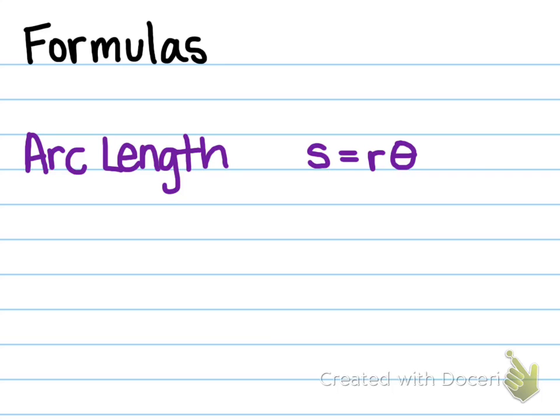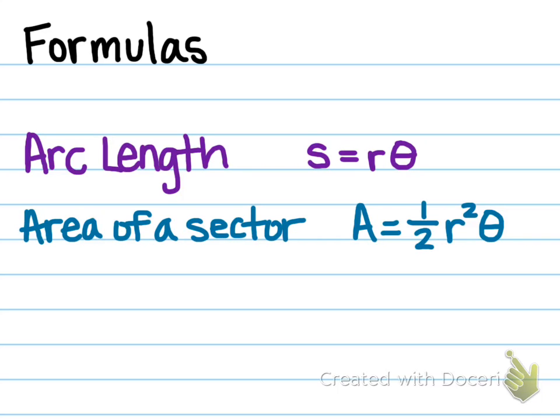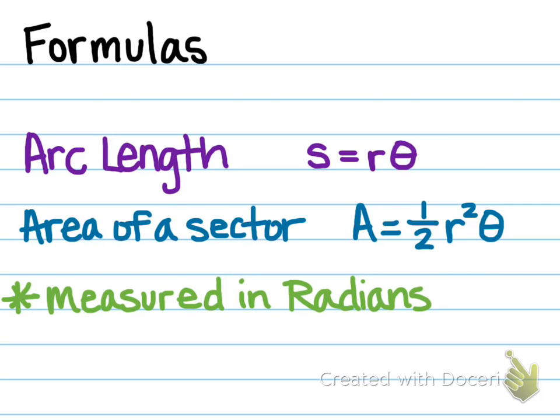Our angle measures for arc length are going to be measured in radians. Next is the area of a sector. A sector is like a slice of the pizza, the whole slice. So the area is equal to 1/2 the radius squared times the measure of the angle in radians again. So keep in mind both of these are measured in radians.